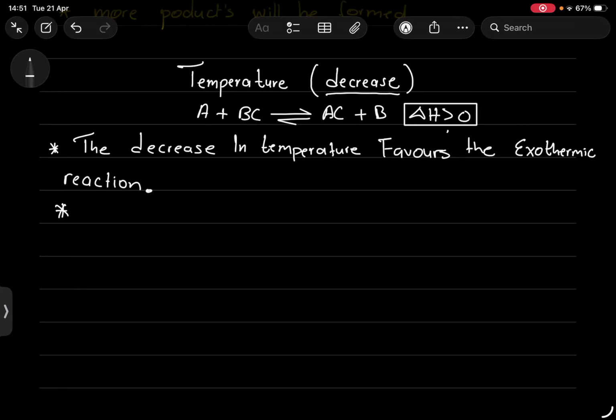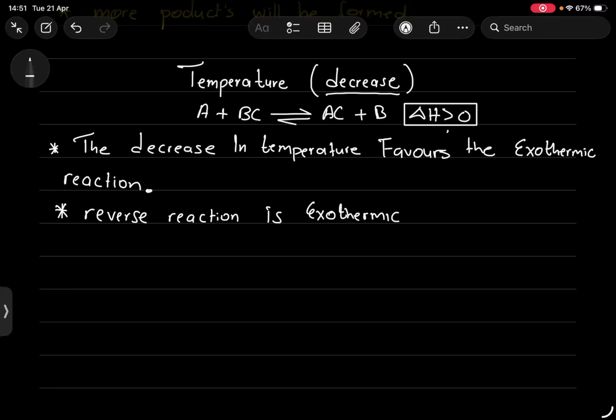Which reaction is considered to be exothermic? The reverse reaction. So you are going to state that the reverse reaction is favored. It is exothermic, I mean.